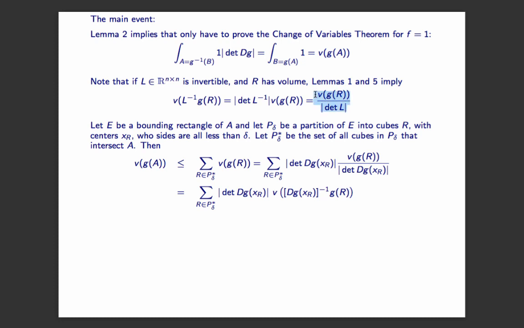So I can use this result here. I'm assuming that my matrix is invertible from the change of variables hypothesis. So this fraction becomes the volume of the inverse of that matrix times g of R. And I'm left with this determinant here.